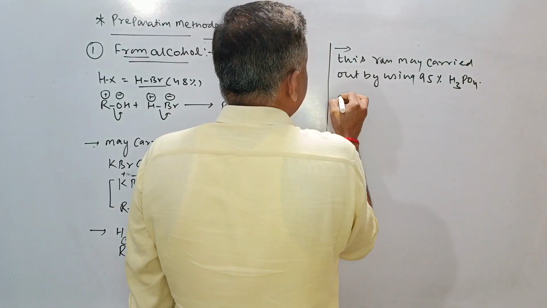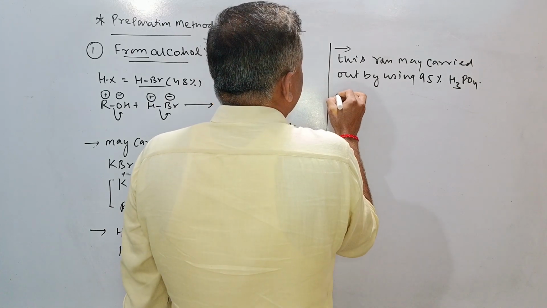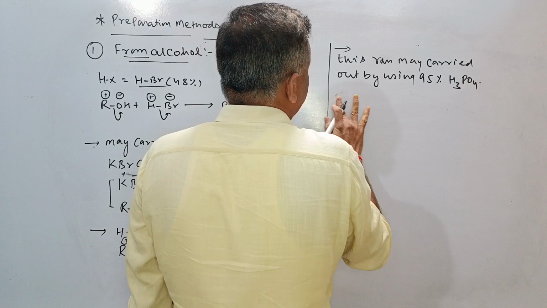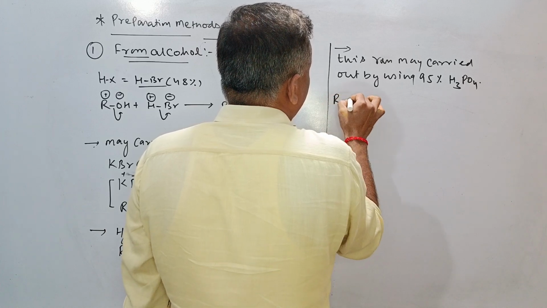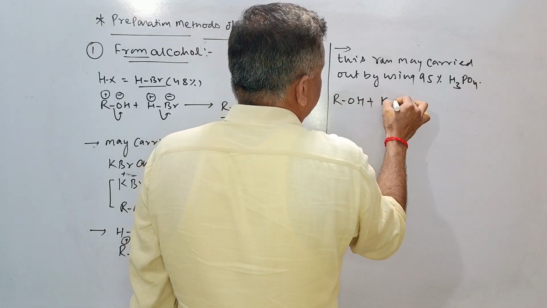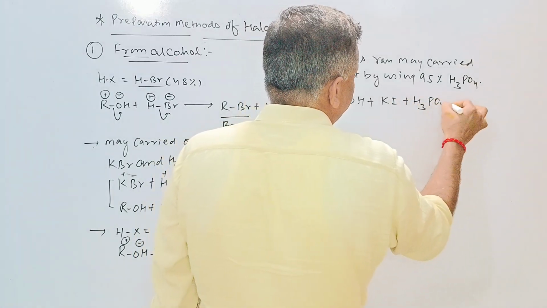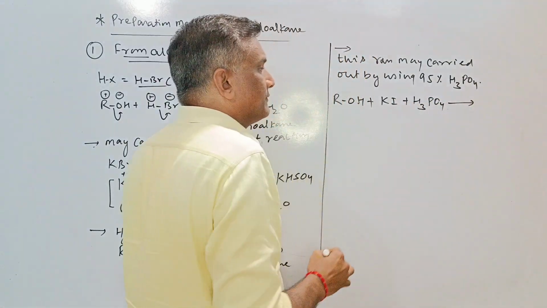How? This is the KI you can use over here, ROH, this is the KI, and this is the H3PO4.